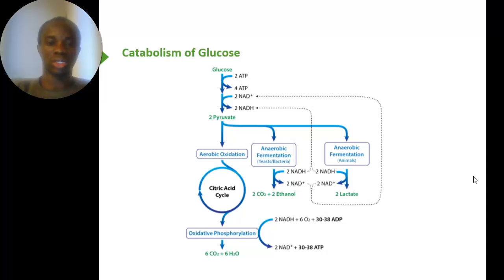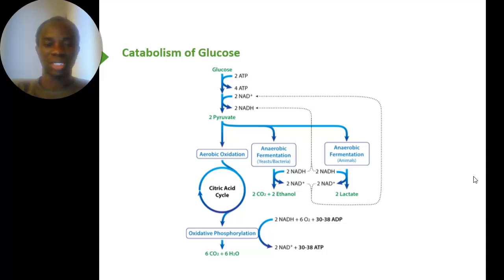Glucose is a 6-carbon sugar. Pyruvate is a 3-carbon system, so you have two 3-carbon systems. That is the first stage of glucose catabolism, and this stage is what is referred to as glycolysis, which I'm going to emphasize in this video.